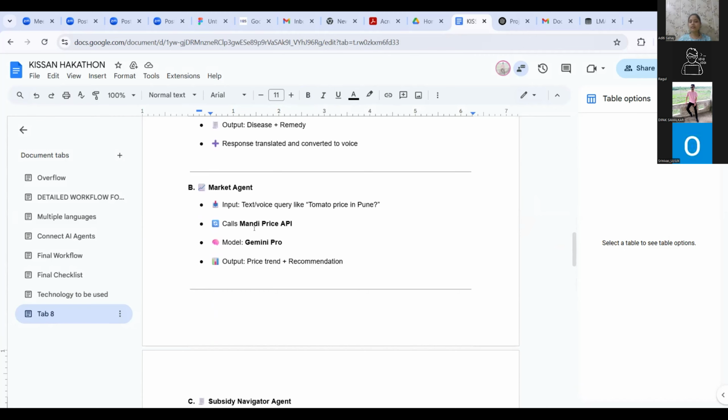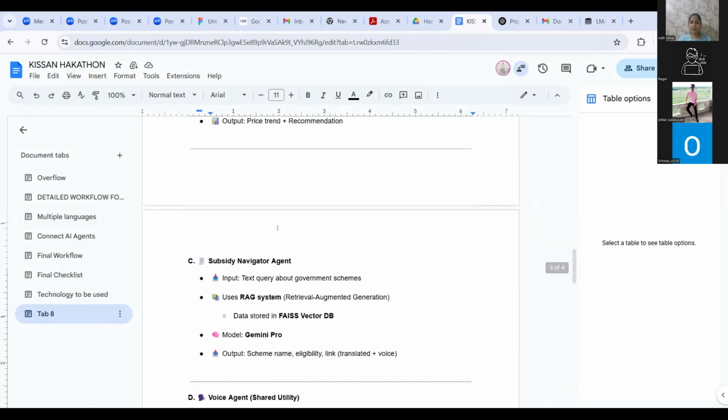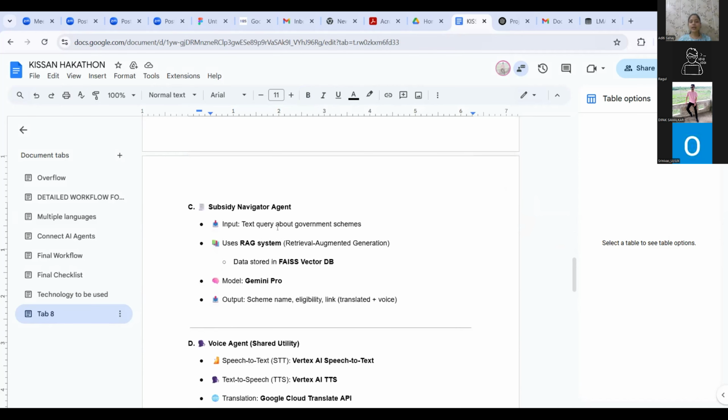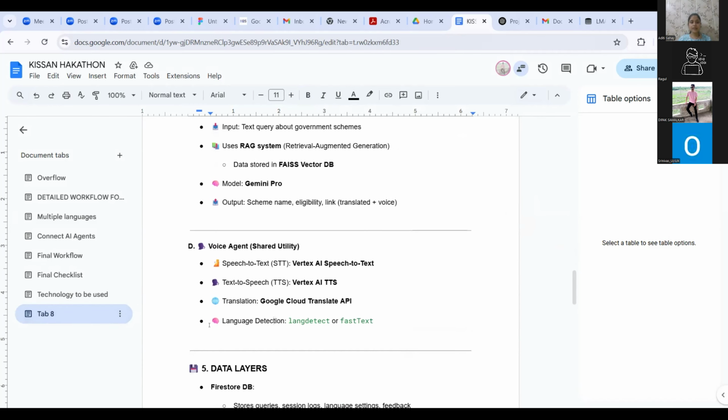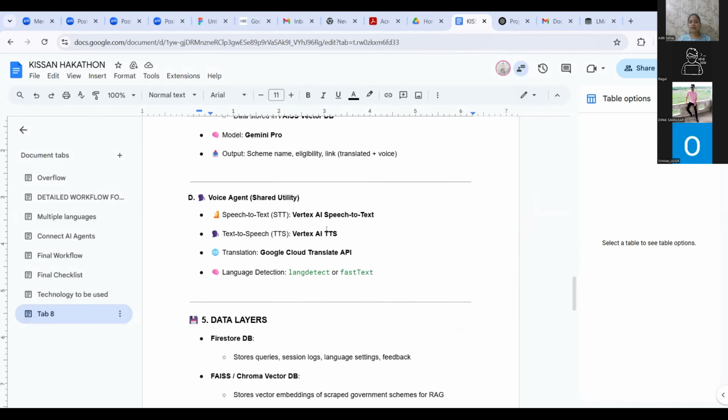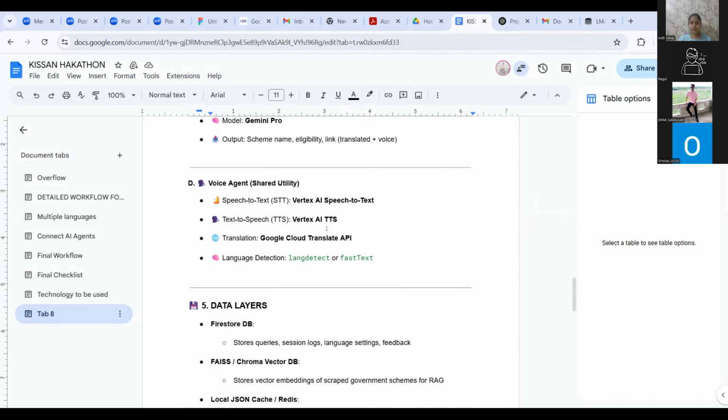Market will tell us the market price and help recommend. Subsidy navigator will help us tell about the existing subsidies, and then voice-to-text and text-to-voice.